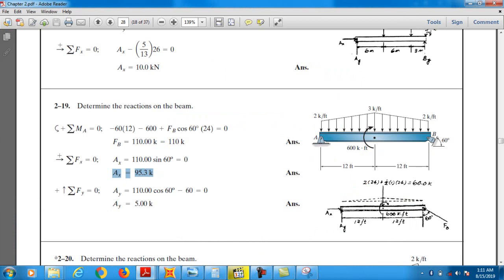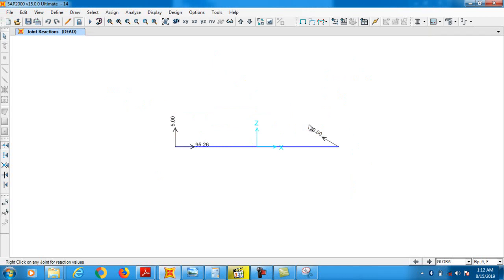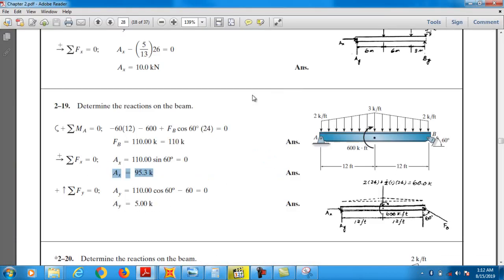Due to the rotation of this support there will be a horizontal thrust, and that thrust is AX. And there will be a vertical reaction, that is 5 kips, and the other is 95 point something. So that is 95, 110 and 5. The reactions are okay. This is the procedure for how we analyze a structure or a beam having inclined loading or inclined supports.